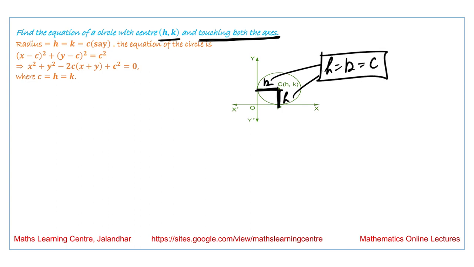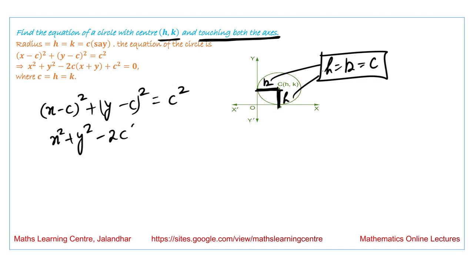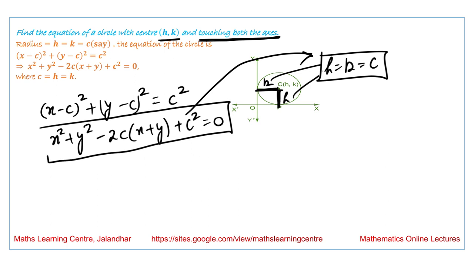So the equation of the circle will become (x − c)² + (y − c)² = c². On solving this we obtain x² + y² − 2c(x + y) + c² = 0, where h = k = c. So this is the equation of the circle which touches both the x-axis and the y-axis.